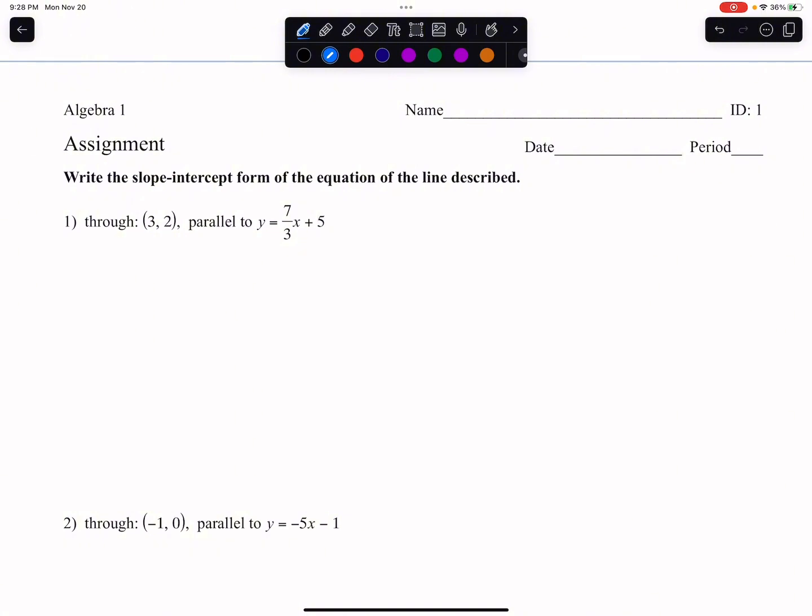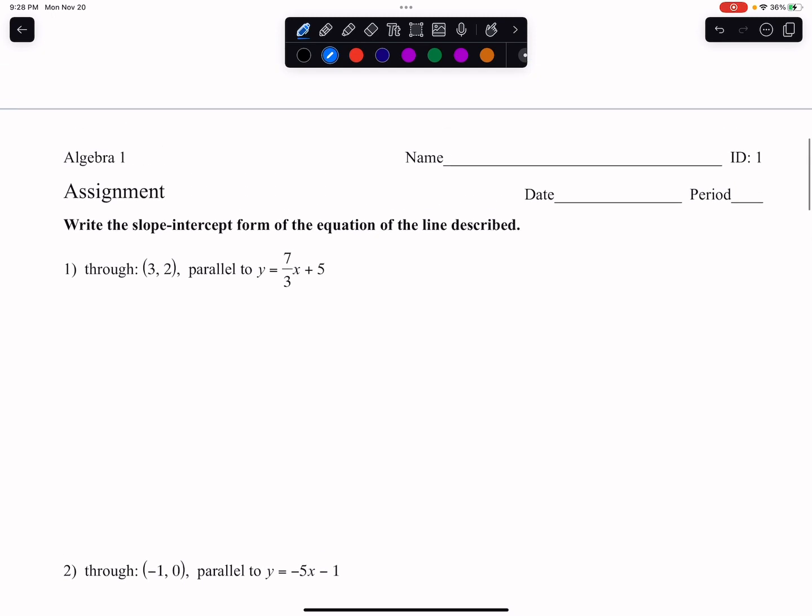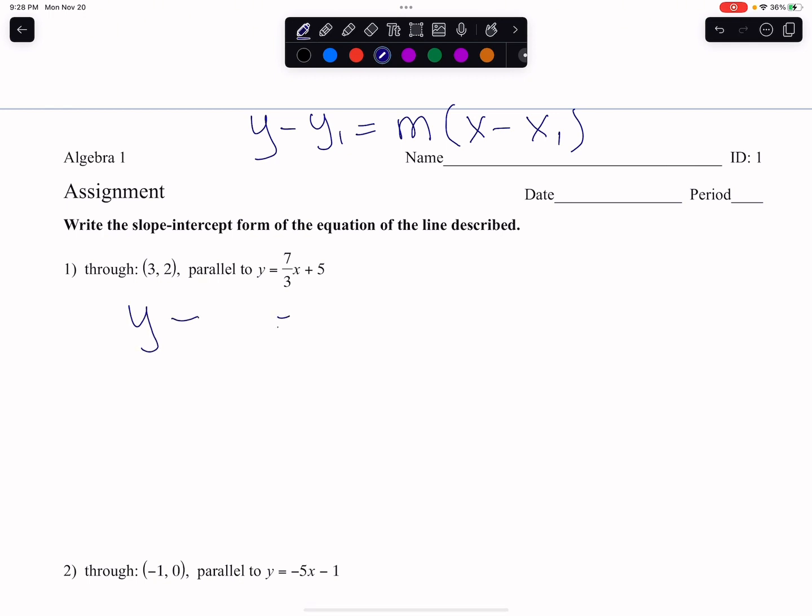So we're back to this formula: y minus y1 equals m parenthesis x minus x1. So let's go ahead and start with that. Y minus something equals something parenthesis x minus something. So this part never changes. X1, y1. But they didn't give us the slope.